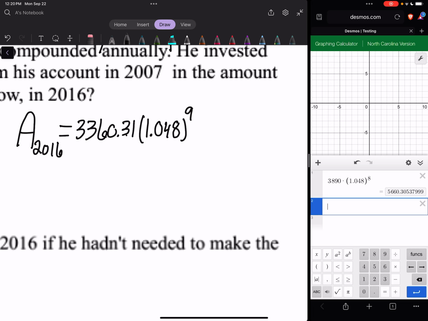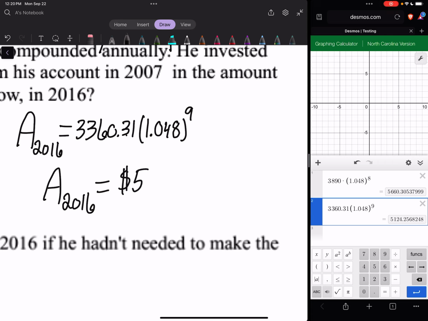I'm going to leave that bottom one there for a different problem, so just keep that in mind. 3360.31 times 1.048 to the power of 9. I get in 2016, I have $5,124 and 26 cents.